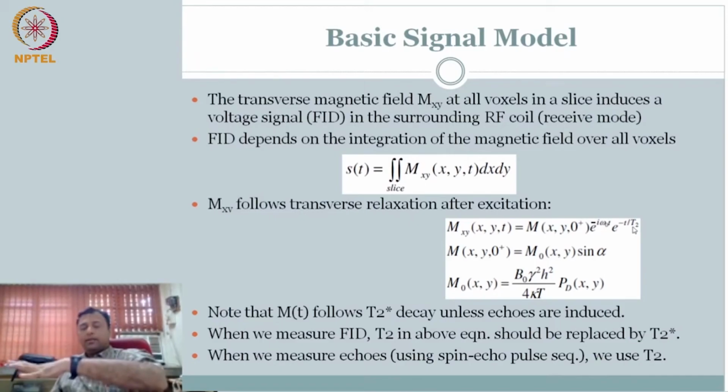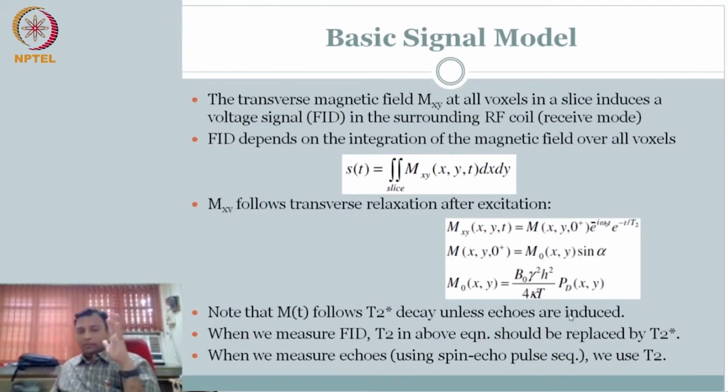The rapid dephasing happens due to T2 star. Remember, we did T2 when we did the spin echo, right? When we did the spin echo, we said we could get the T2 decay, otherwise it is T2 star decay. So if you are just measuring the free induction decay, then you should replace the equation with T2 star. If you are doing spin echo, then it is more appropriate to use T2.